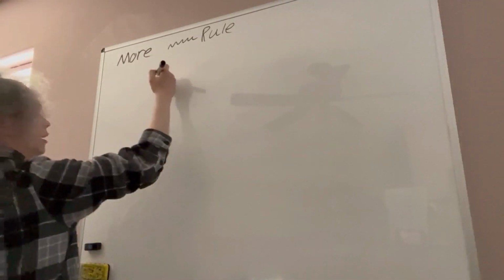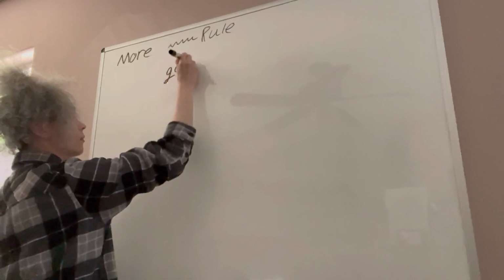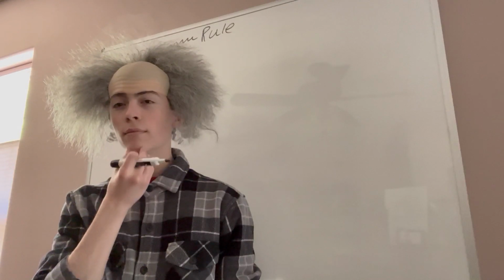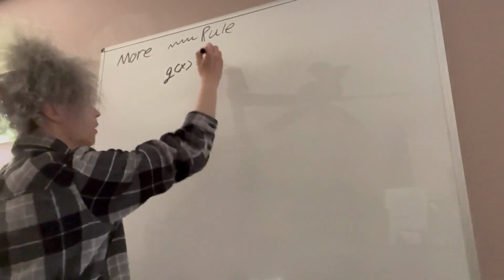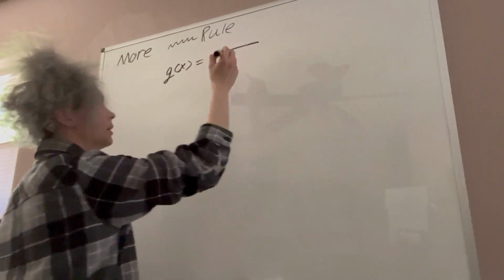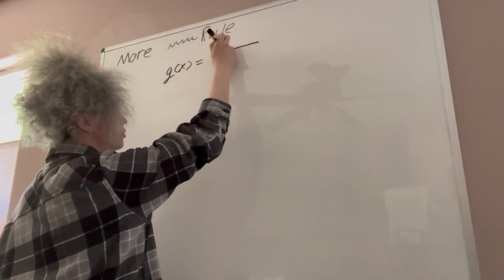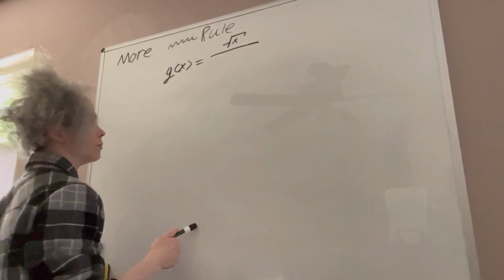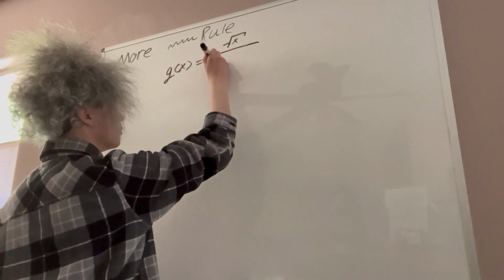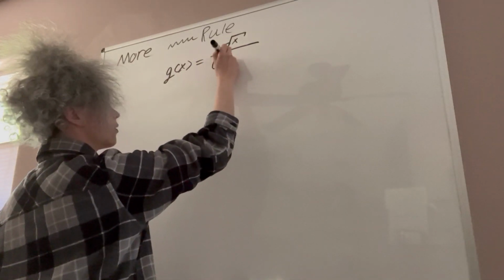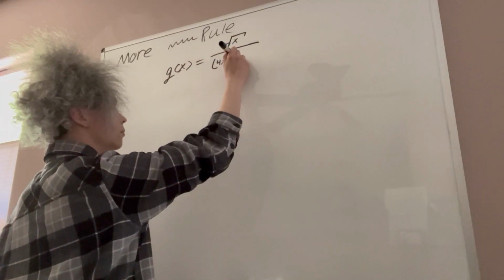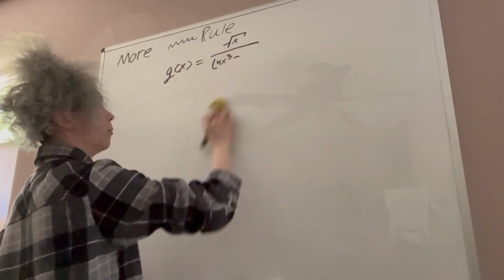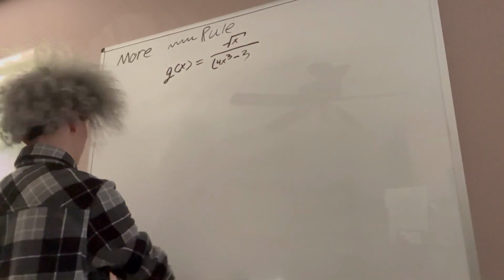Okay, now let's say g of x is going to be equal to, let's go with something more complicated on the bottom. So how about square root of x over (4x cubed minus 3), no, not minus 2, minus 3, so we can't factor anything out.